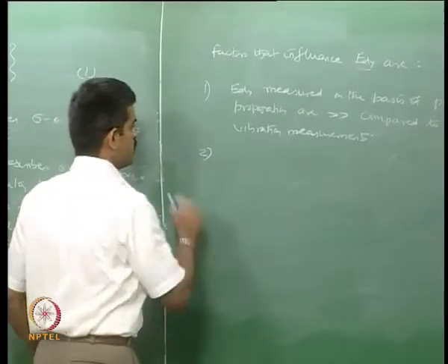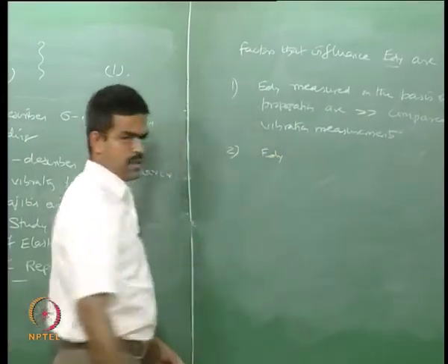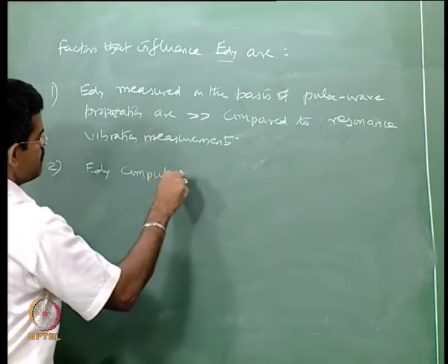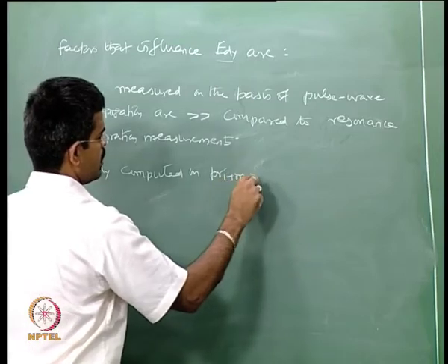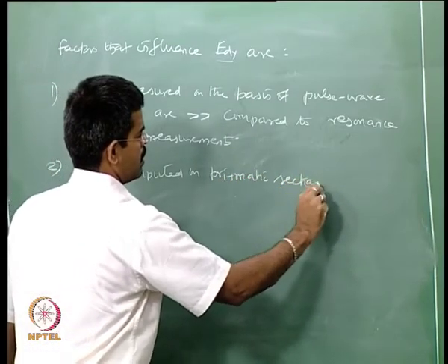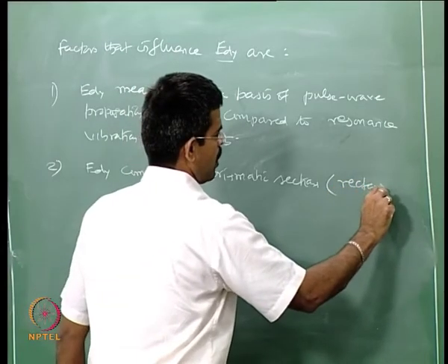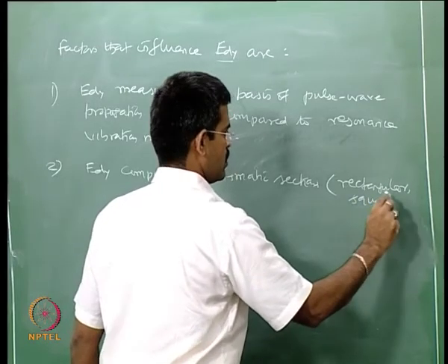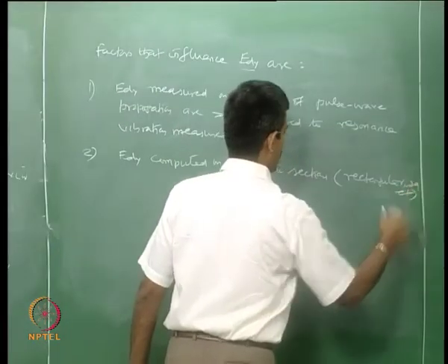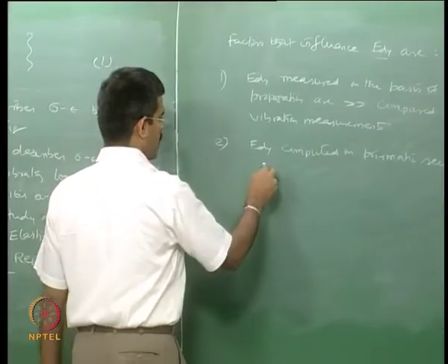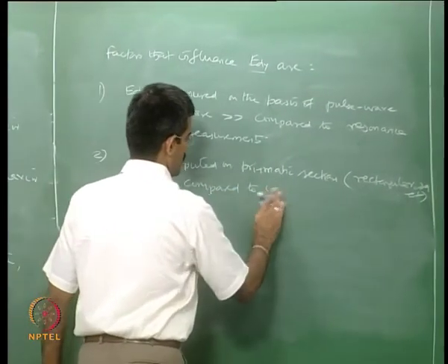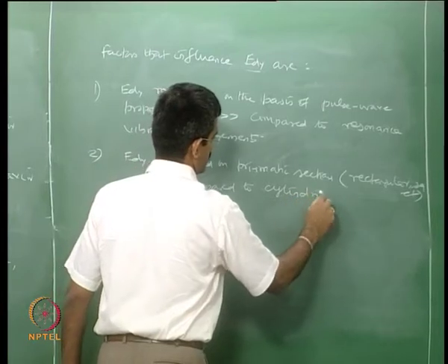2. Dynamic modulus of elasticity computed on prismatic sections, like for example rectangular, square, etc., is higher compared to that of cylindrical specimens.